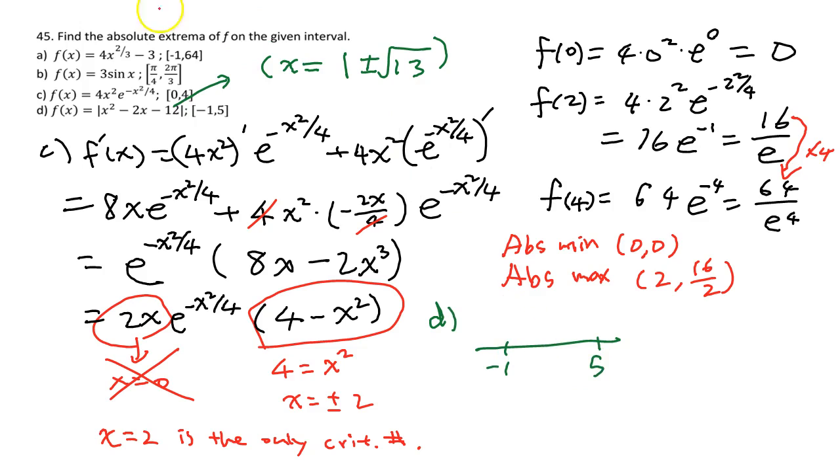So here's what's happening. Here's 1 plus square root of 13, and there's 1 minus square root of 13. Without this absolute value, this is a graph that's a parabola. However, because of the absolute value, anything that falls below the x-axis gets flipped over like this.